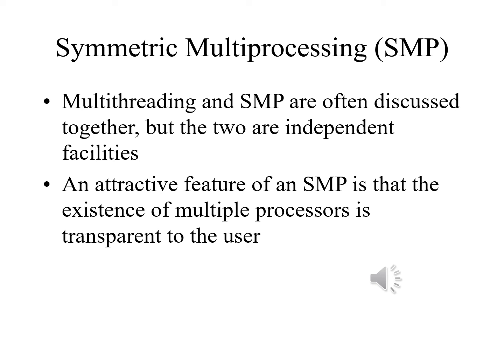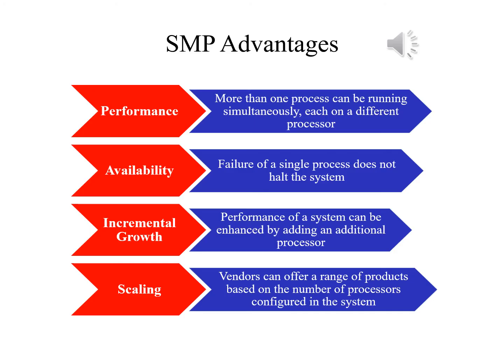An attractive feature of an SMP system is that the existence of multiple processors is transparent to the user. The operating system takes care of scheduling of threads or processes on individual processors and of synchronization among processors.